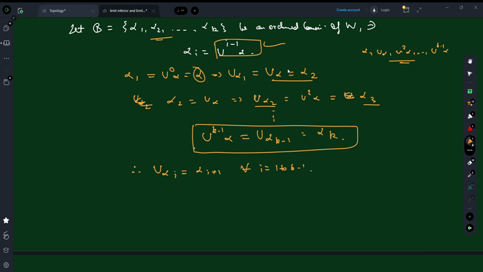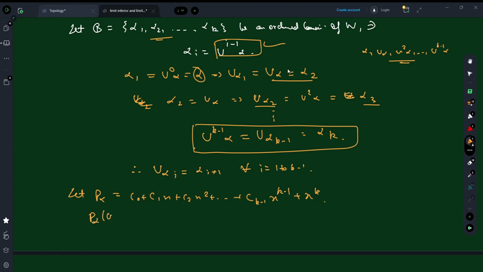Observe that, let P alpha be of this form. So it's of the form c0 plus c1 x plus c2 x square and so on till c k minus 1 x to the power k minus 1 plus x to the power k, since it's a monic polynomial obviously.